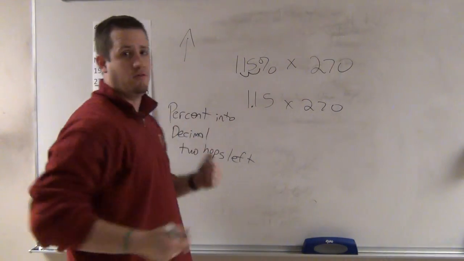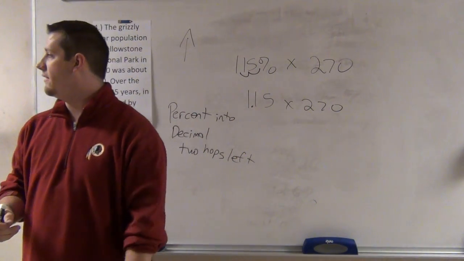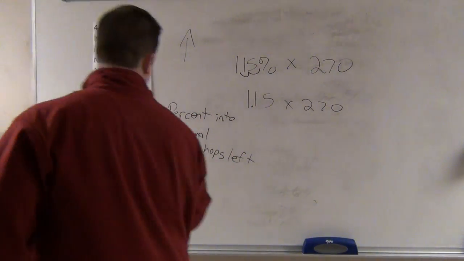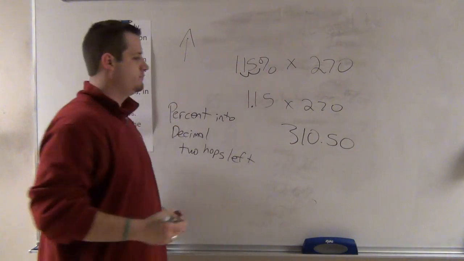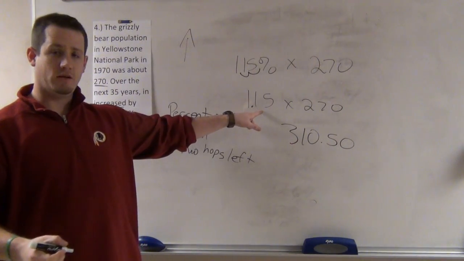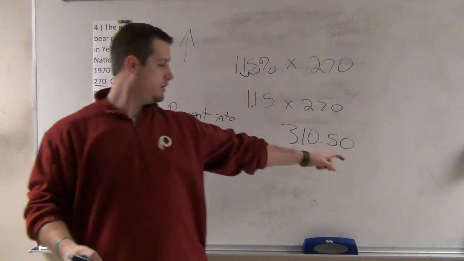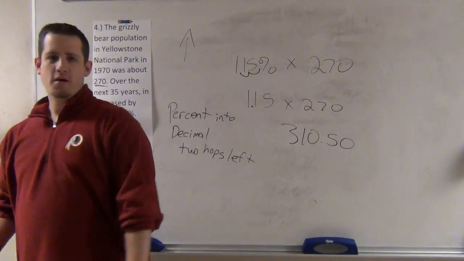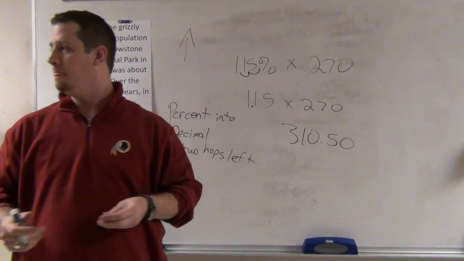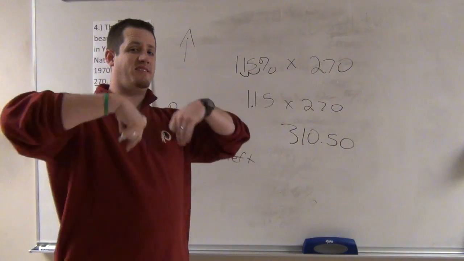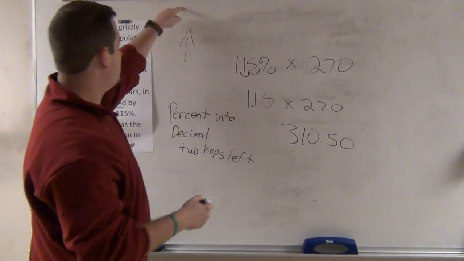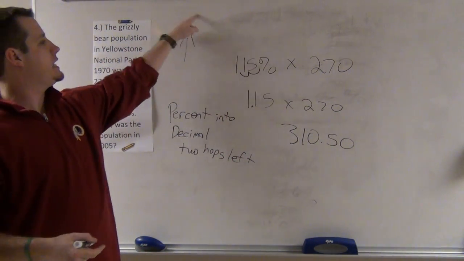Okay, so I won't make you sit through the multiplication process. You end up getting 310.50. Okay? 2 numbers in the question, 2 numbers in the answer. So is that my final answer? It isn't, because there's a second piece of this. You remember me talking about keeping this in the back of your mind?